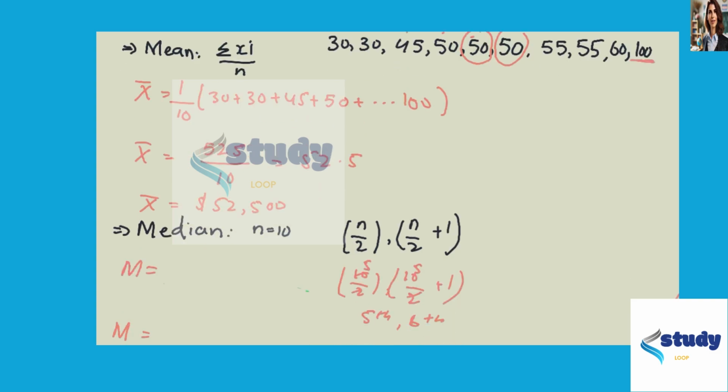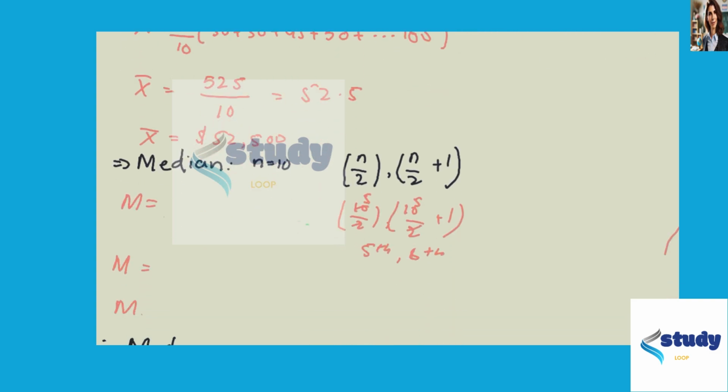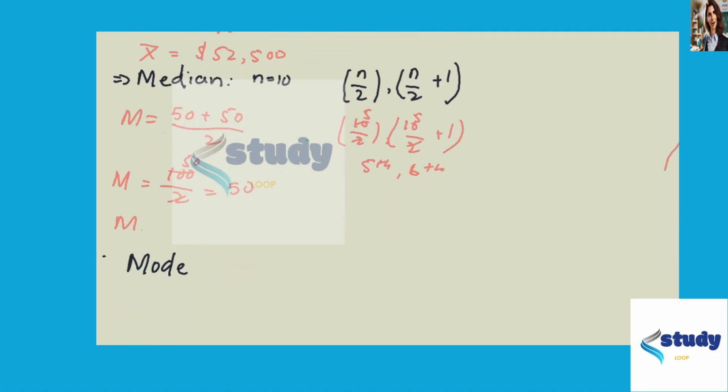These number will be added, so median will equal to 50 plus 50 divided by 2. This will be 100 divided by 2, that is 50. So here the median will be equals to $50,000.